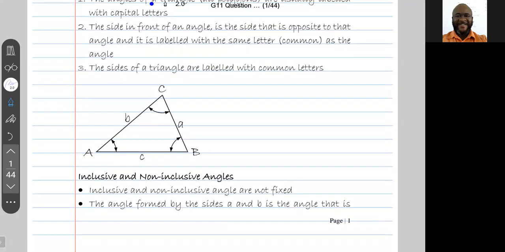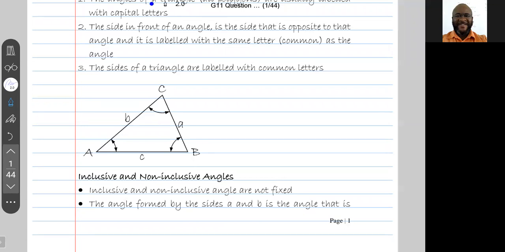Now, in order for us to advance, we need to understand the idea of the inclusive and non-inclusive angle. Hear this. Inclusive and non-inclusive angles are not fixed. That is important.